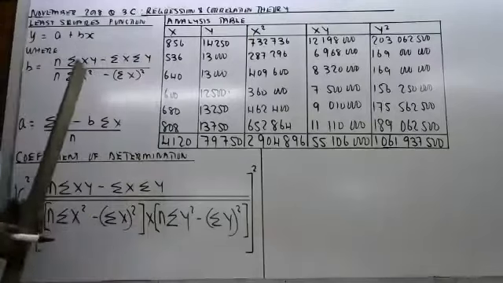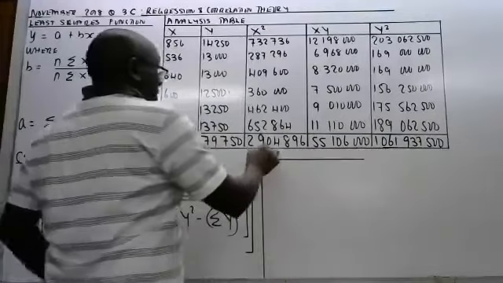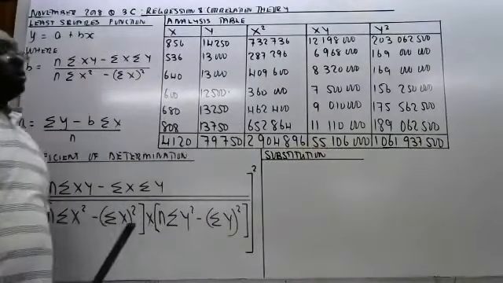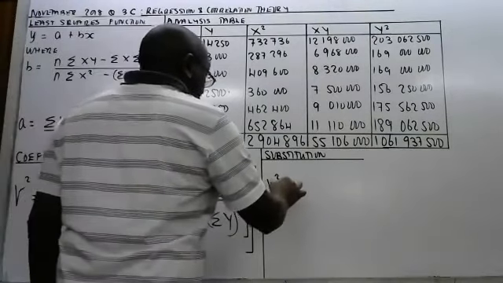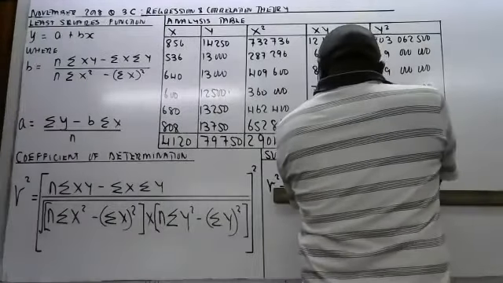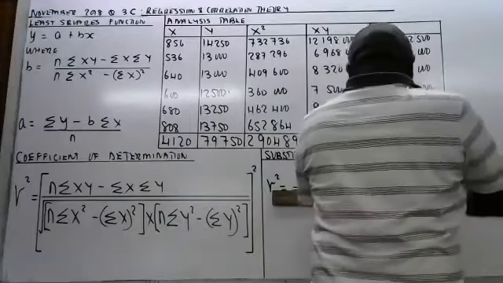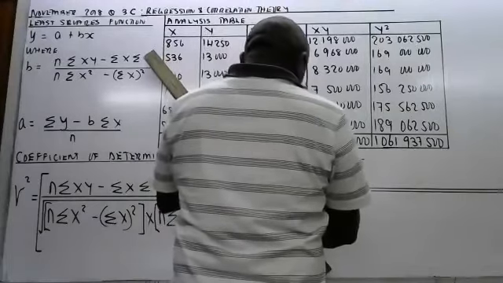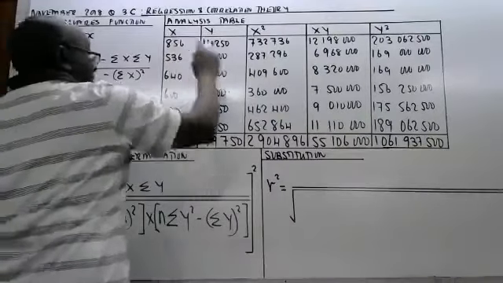So from there, substitution. I want to start with r squared because of the space. So these are 1, 2, 3, 4, 5, 6. So there are 6 of them.